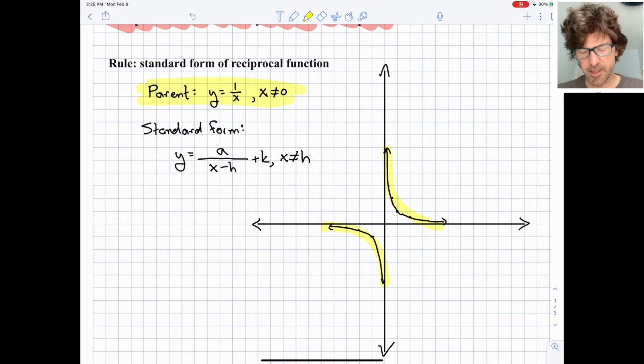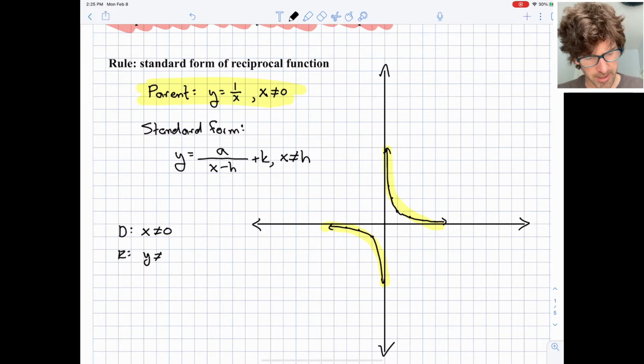For the domain and range, it's important to see that for the domain, x is simply not equal to 0, but all other real numbers are allowed. And for the range, similarly, y is not equal to 0. This function is undefined for x or y equal to 0.